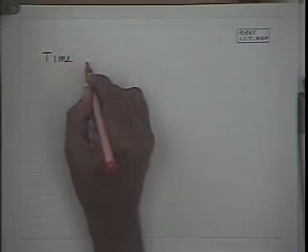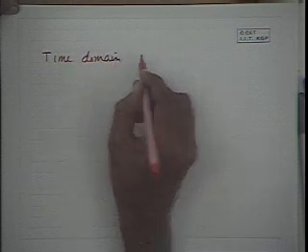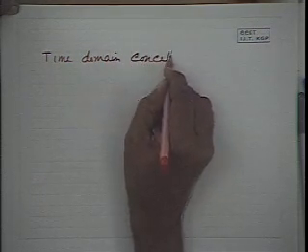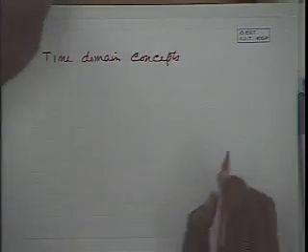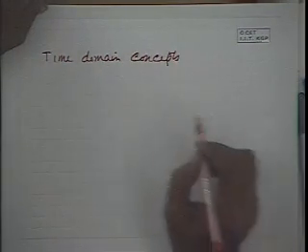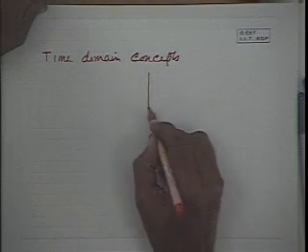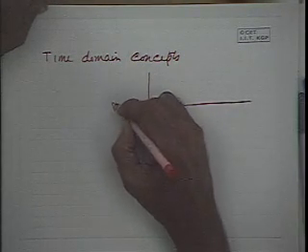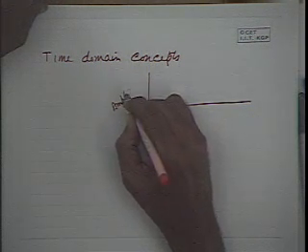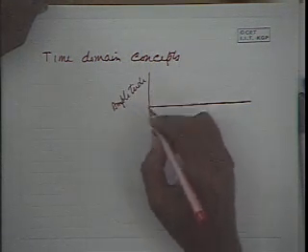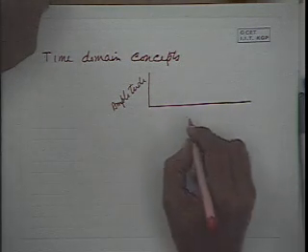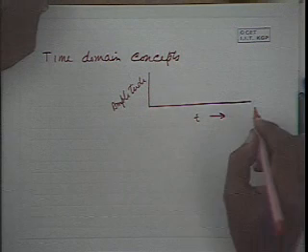First of all, let us consider the time domain concepts, or the way the signal is represented in time domain. Now, in the time domain, the signal can have an amplitude or signal strength, you can say, and here obviously x-axis is time.